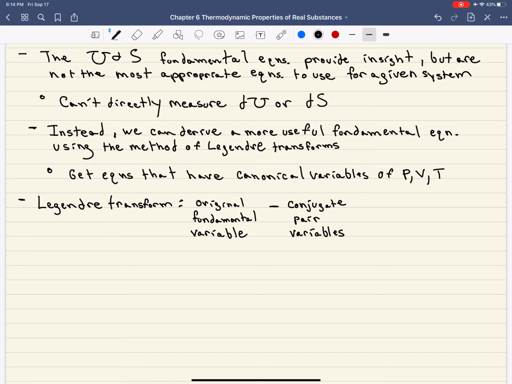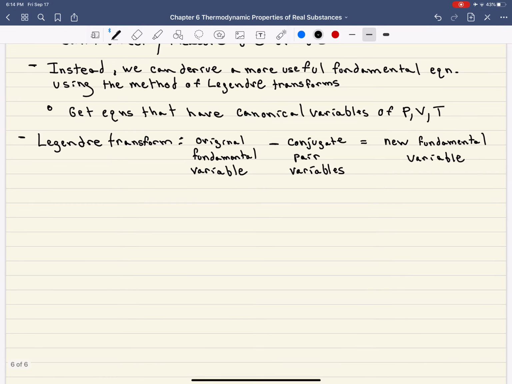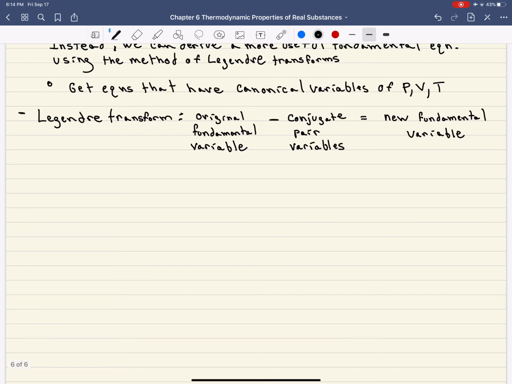Okay? And doing this just gives you a new fundamental variable. All right, so that's the approach, or the concept of it, but it's going to make more sense if I actually just show you an example of one.